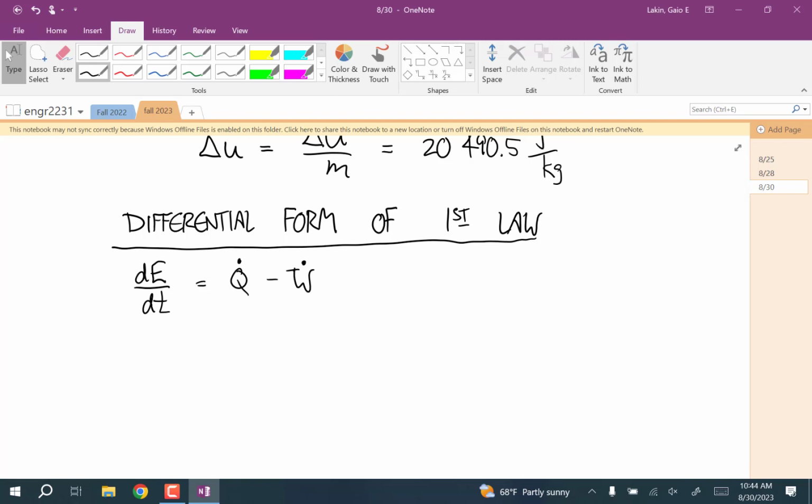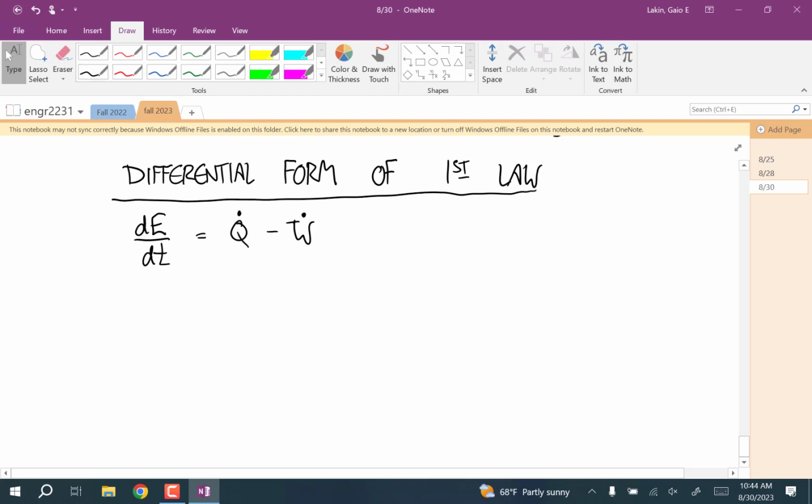Normally in dynamics, anything with a dot is totally synonymous with the time derivative of something. In this case, we're using the notation to mean something a little bit different. So let me tell you what these mean. dE dt is exactly what you would expect it to mean. That's the time rate of change of energy.